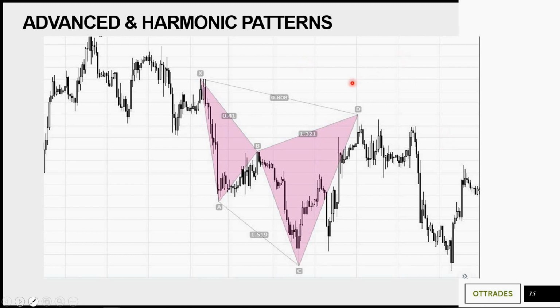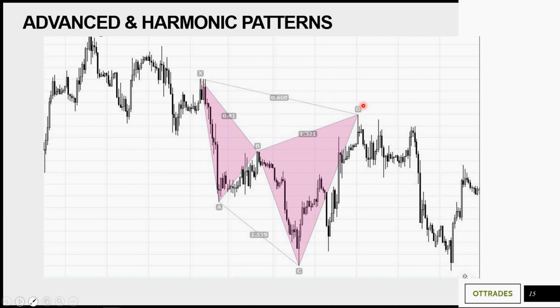Stops are placed past the X point, so higher than here. A stop loss is basically an invalidation level: you want to get out of the trade once you know you're wrong. Once this pattern is invalid, you no longer want to be in that trade, so you just cut your losses. This is based on fib extension tools.